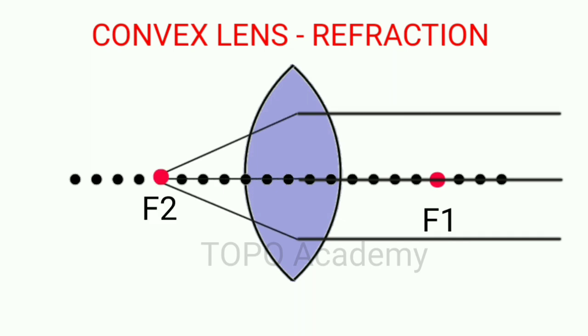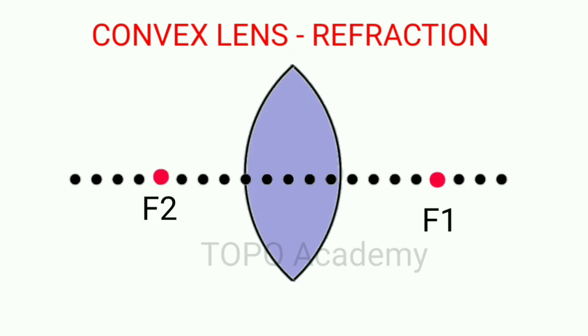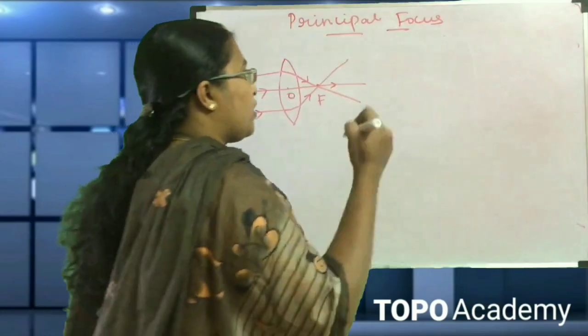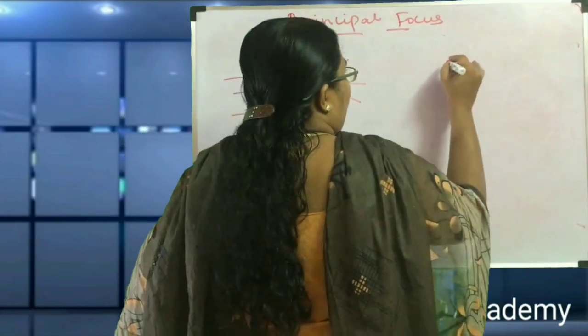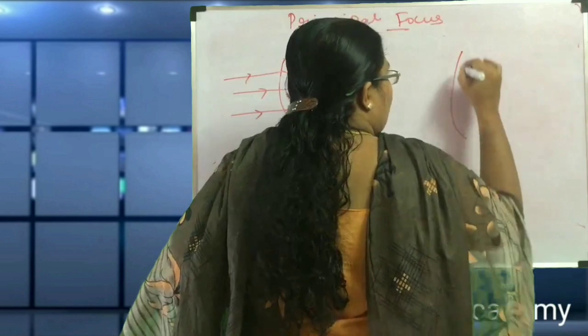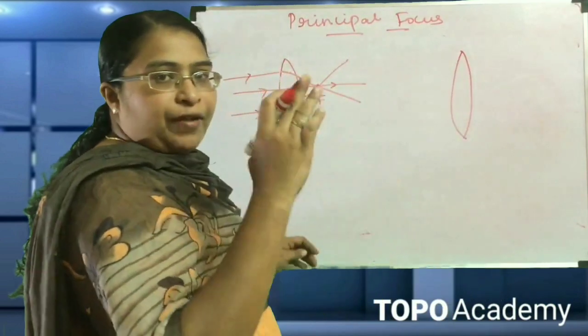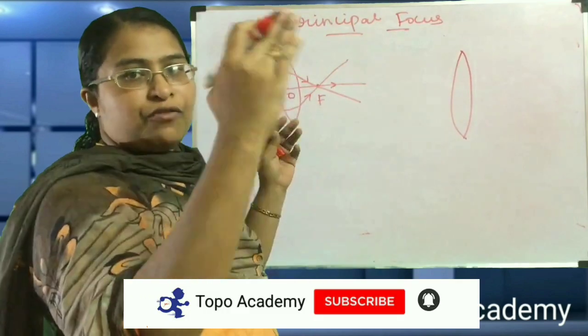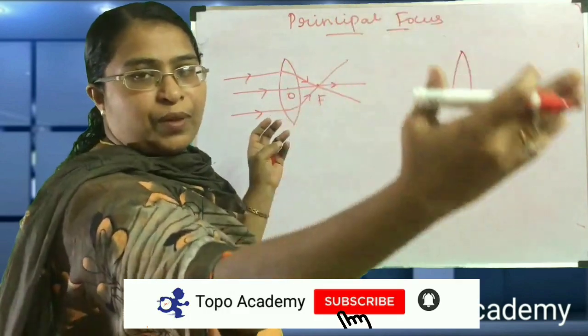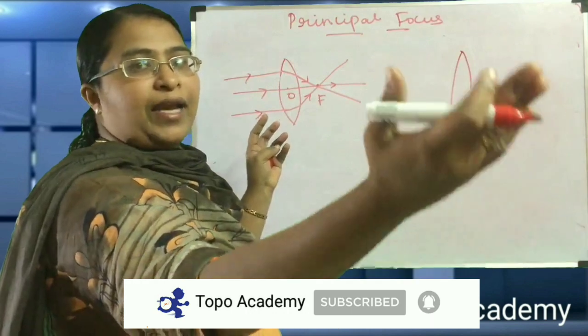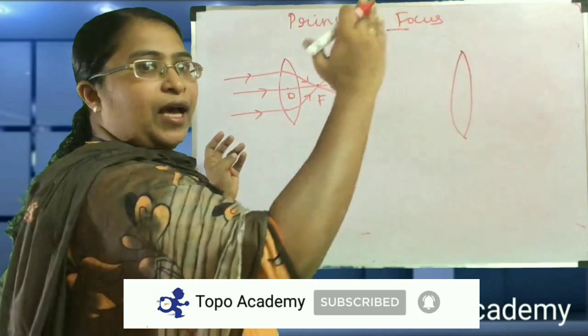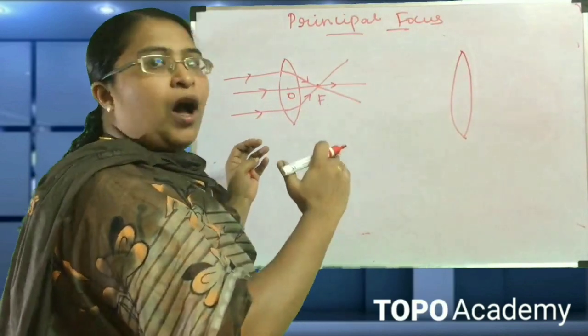So in the case of a lens, there are two principal focus, F1 and F2, because the lens has two refracting surfaces. As a result, the refraction can occur from both surfaces.